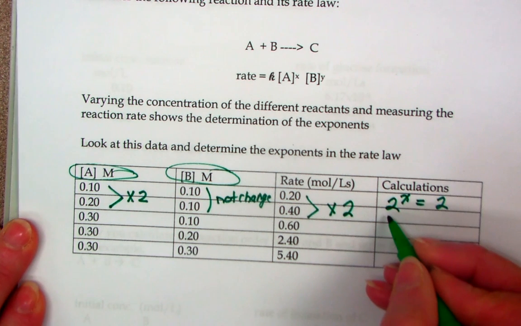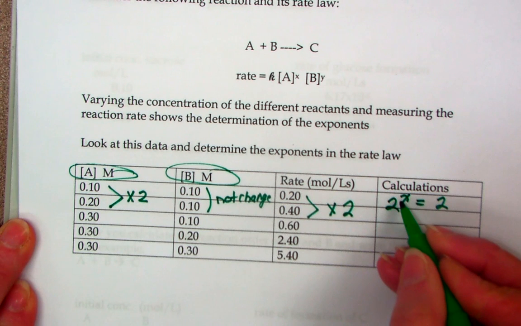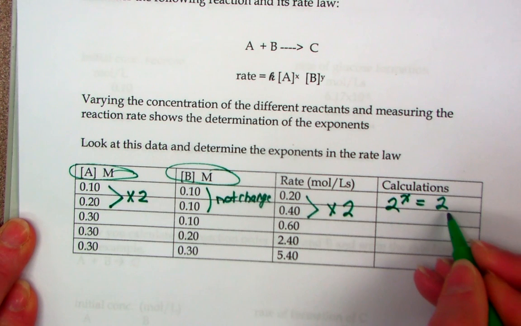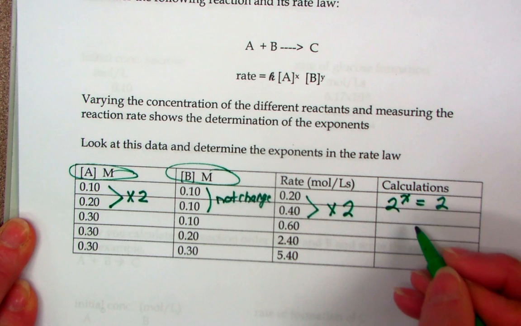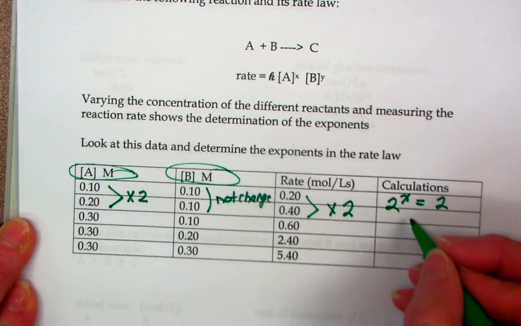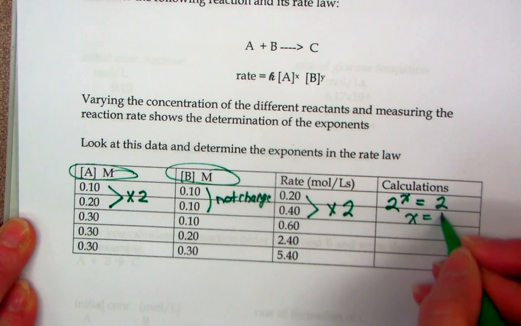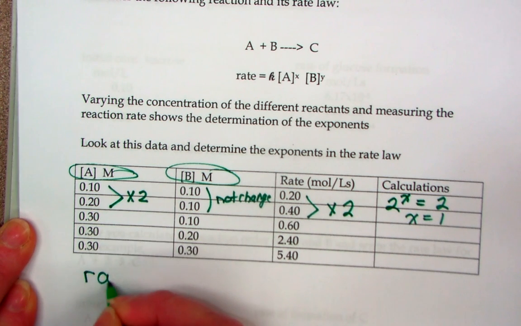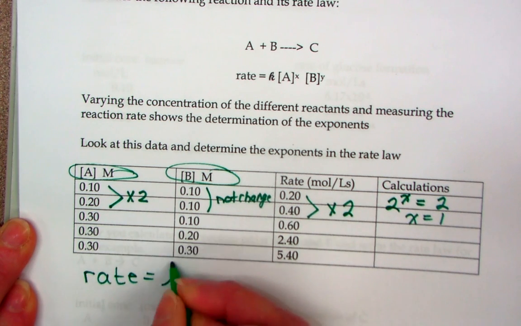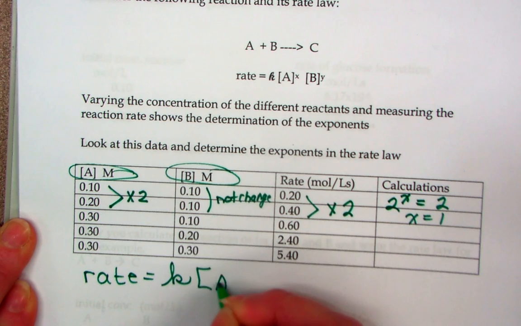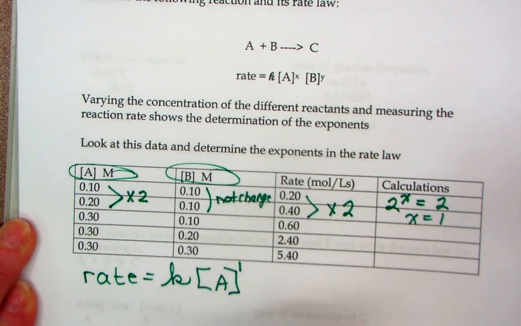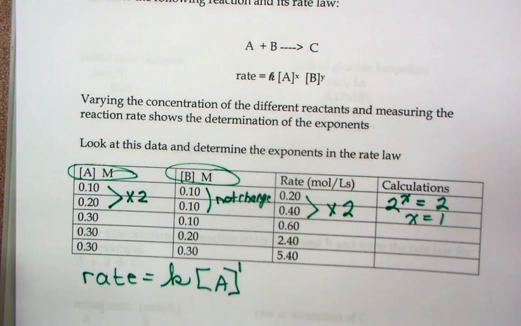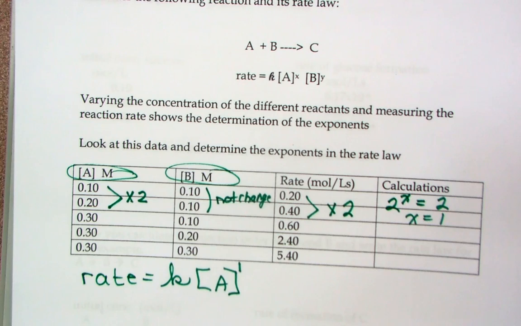So the change in concentration raised to the x power gives me the change in rate. So what does x have to be? 1. X is equal to 1. So I know that in my rate law, rate is equal to K times the concentration of A to the 1 power. Now I have to figure out what it is for B.